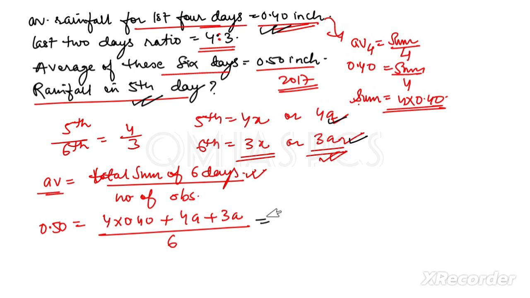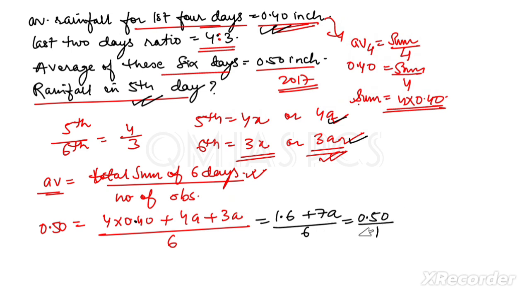It will be 1.6. You know how to solve this one? It's very basic, just simple calculation. 1.60 or 1.6, plus 7a. See, this is 4a, this is 3a, so we can write 7a divided by 6, and here is 0.50. Now we can cross multiply this one.